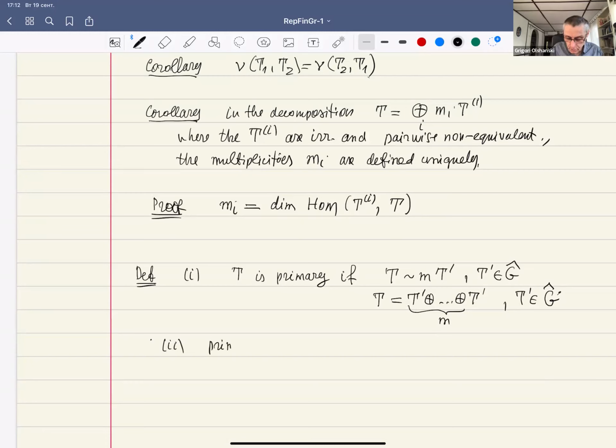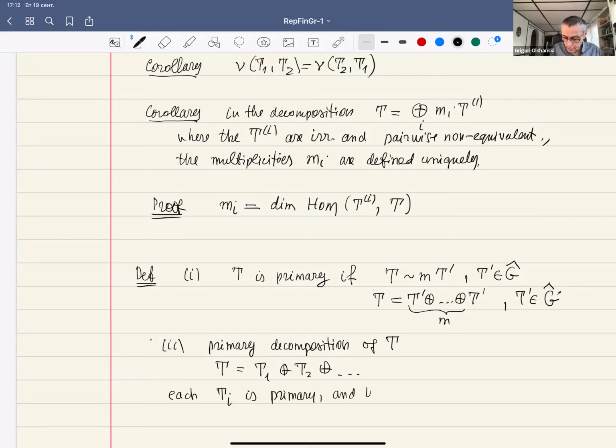The primary decomposition of our representation T is the following, where each Ti is primary and the corresponding irreducibles, say Ti primes, are distinct, non-equivalent.